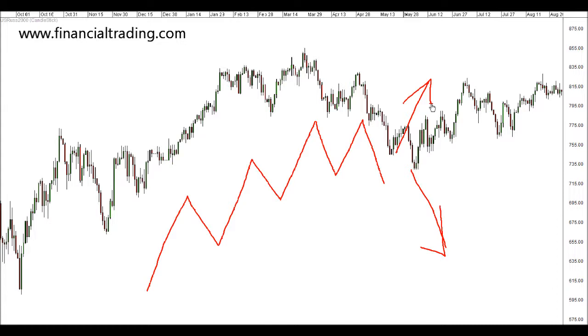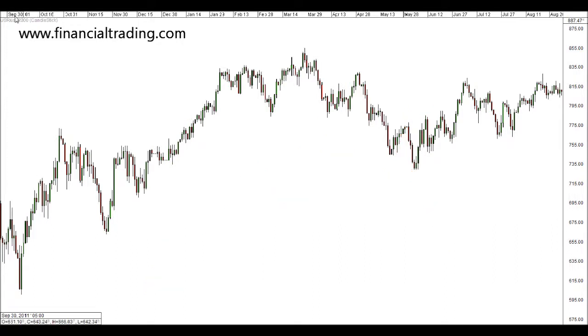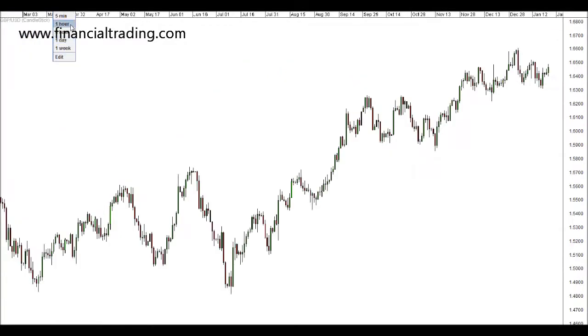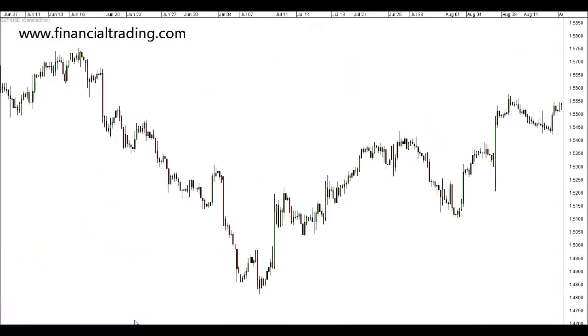Now all these formations I'm showing you can work on downtrends as much as they can work on uptrends. If we look at the pound against the dollar 4-hourly chart, we have this clear downtrend. 1, 2, 3, 4, 5.